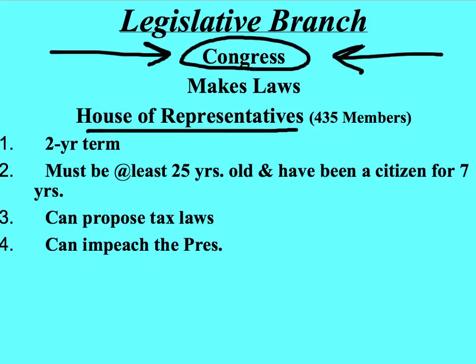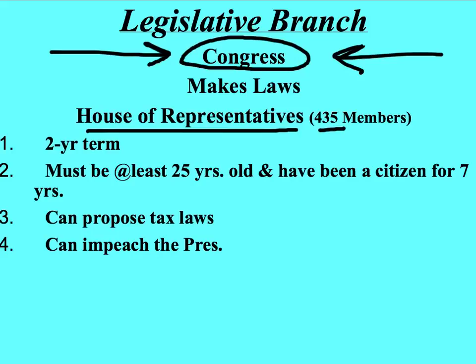Okay, let's talk about one of the houses, the House of Representatives. If you remember, the House of Representatives is based on population. Currently, we have 435 members. Nebraska, being a relatively small populated state, has 3 members.